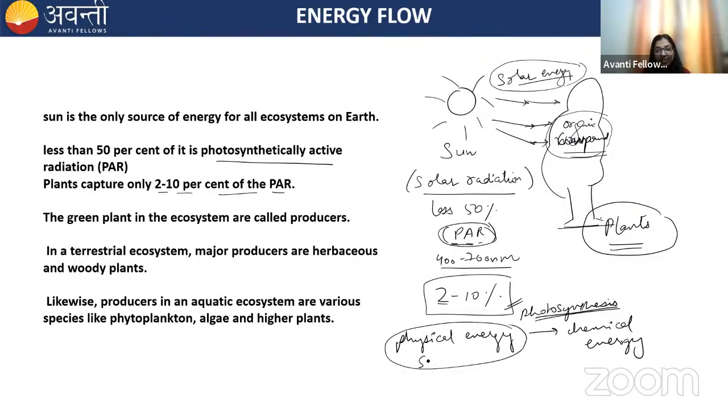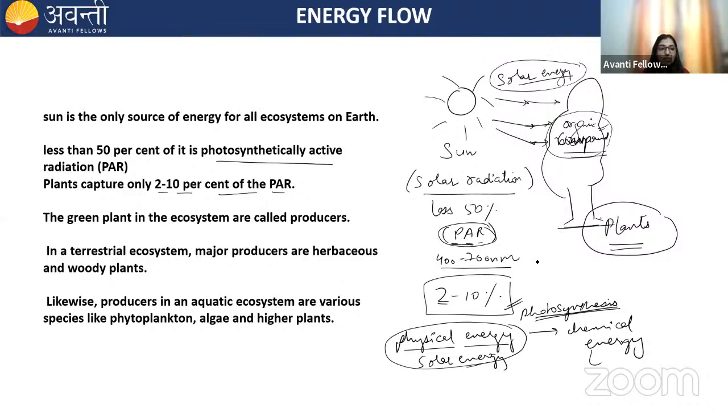Physical energy is the solar energy, and the chemical energy includes the chemical intermediates which are formed during the photosynthesis. So one form of energy is transformed into another form.